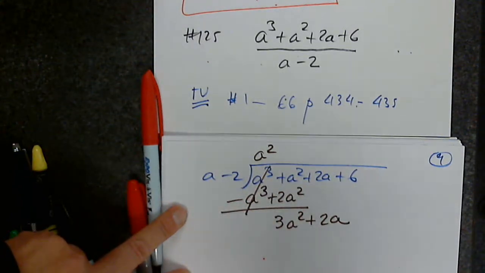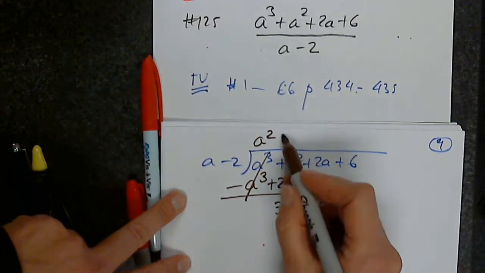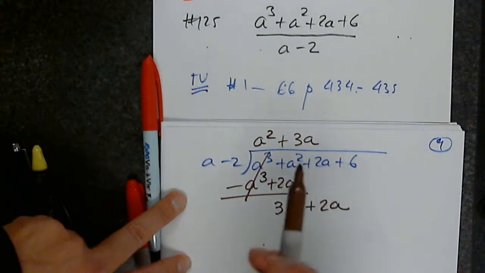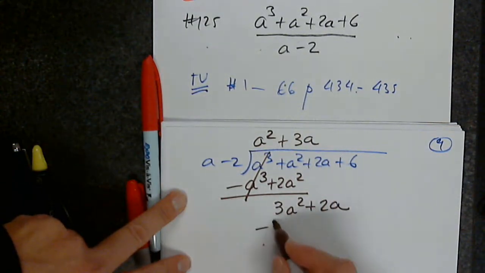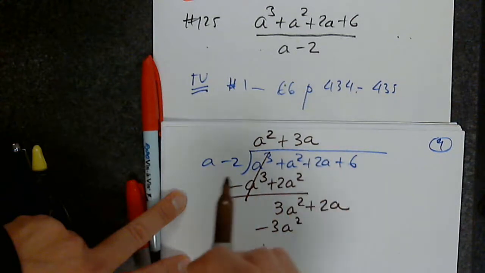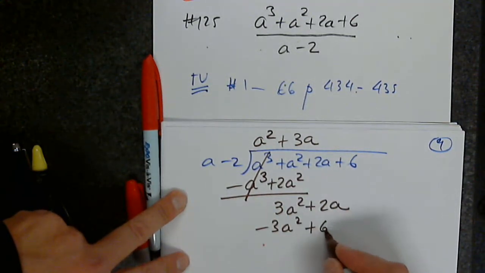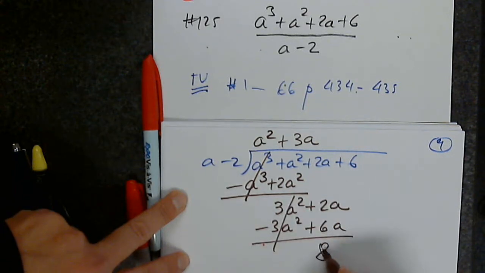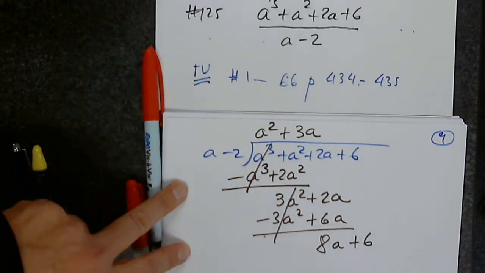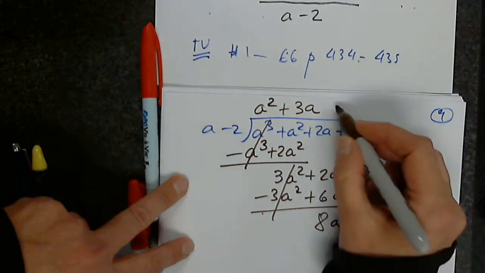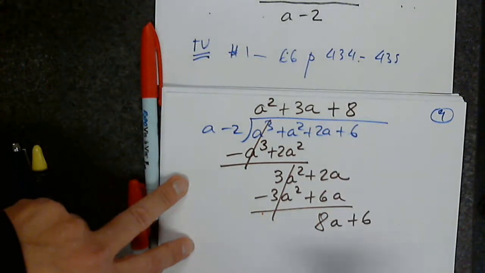A times what is 3a squared? Positive 3a. 3a times a is 3a squared. I subtract. 3a times negative 2 is negative 6a. I subtract. A times what is 8a? Good. 8 times a is 8a. I subtract.